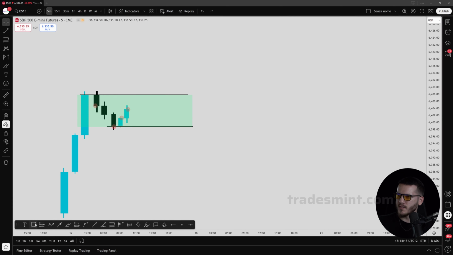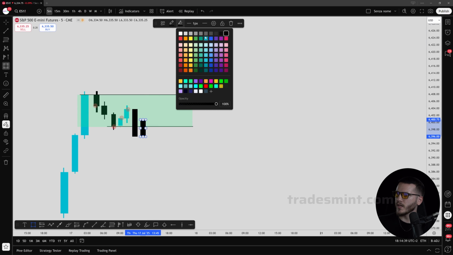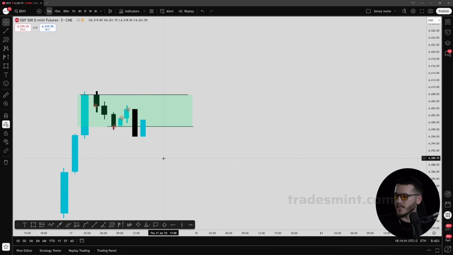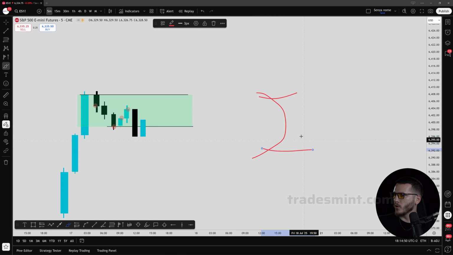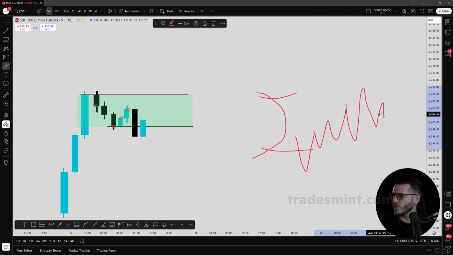Once we have these, the first setup is the break-in. When a candle closes outside of this area, and then the next candle closes back inside of this range, this is exactly like we saw with the value area high and value area low, when there's a failed auction where price goes outside and then jumps back into the range.